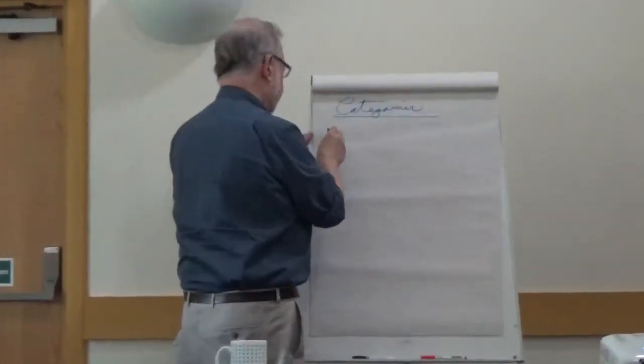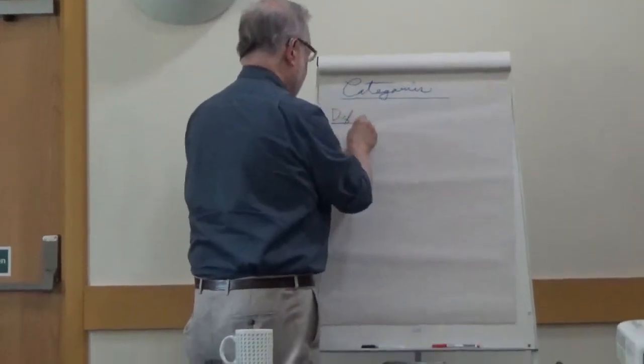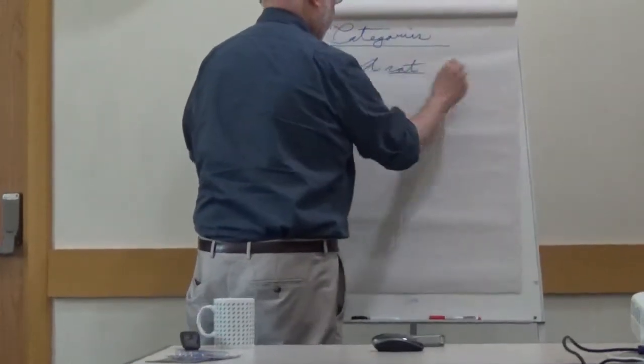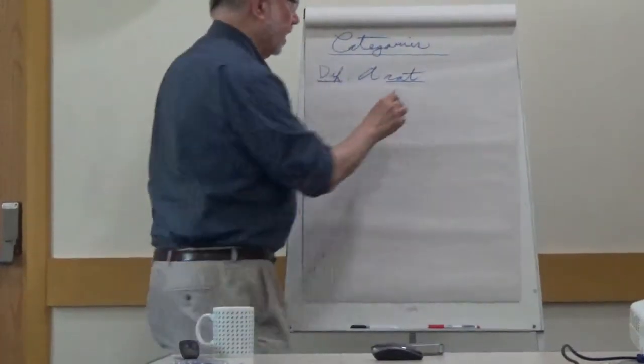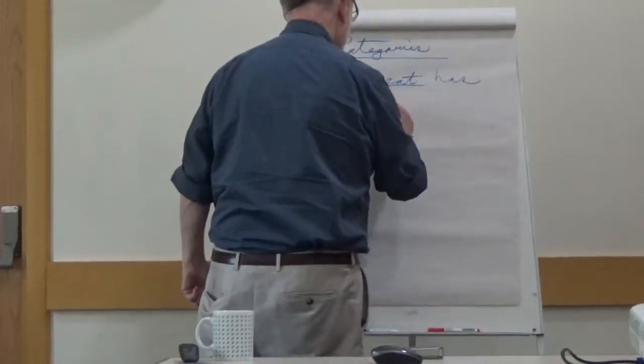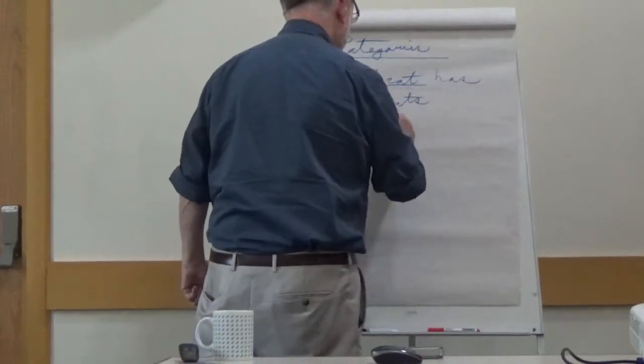I'm reminding you of the definition of a category, right? So a category, I'll write cat for category. A category has objects and it has morphisms.